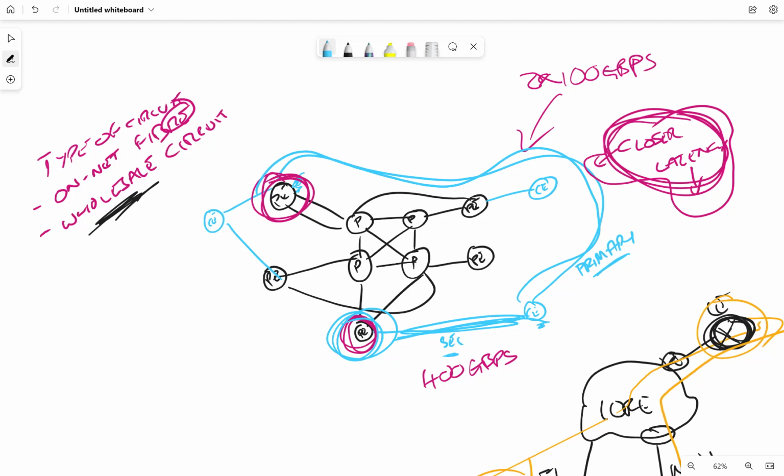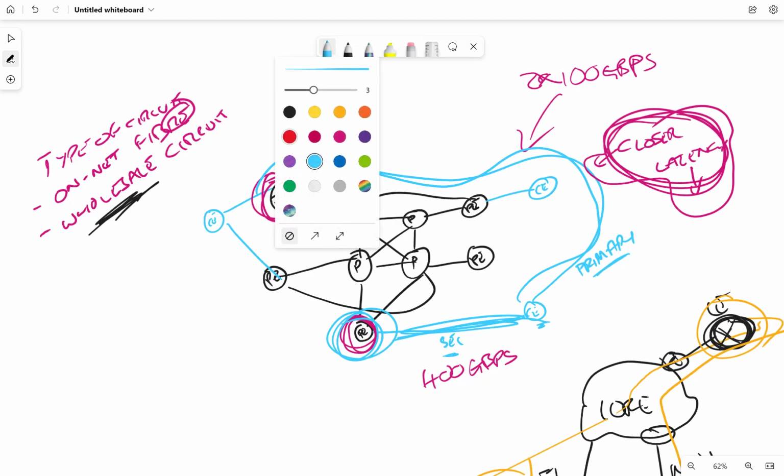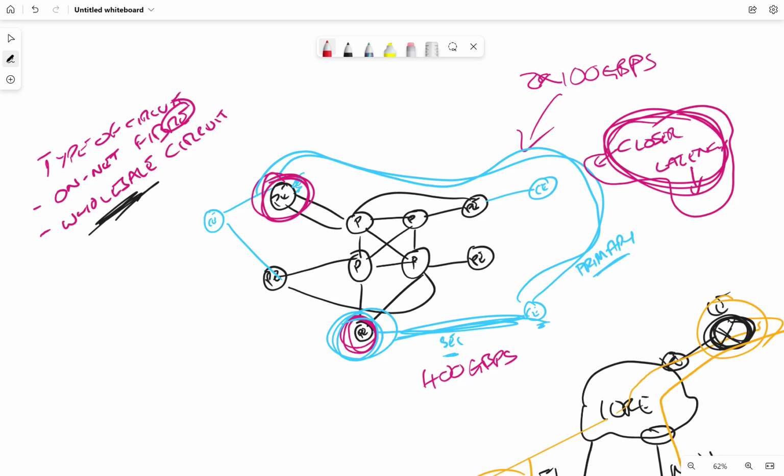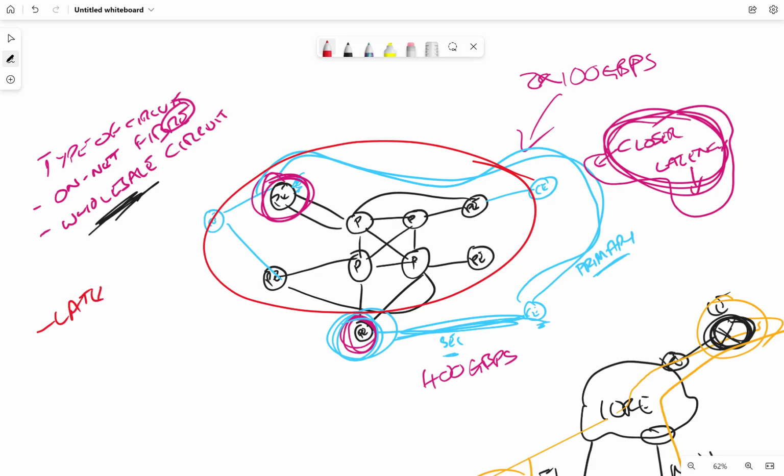Okay, so when we are then planning the core network, we need to think about all these things in respect to latency, also packet loss, and when I say packet loss, we've got other things like contention ratio.